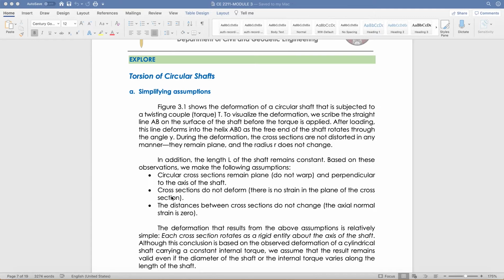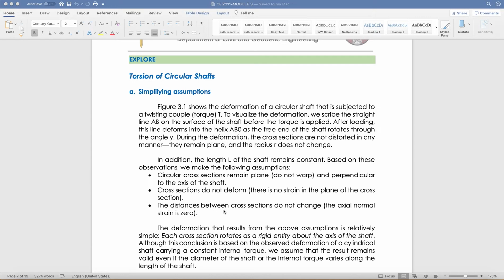What we are talking about here is the cross-section. If you can remember, recall our first discussion where I showed you the cross-section of a certain material. It does not deform.